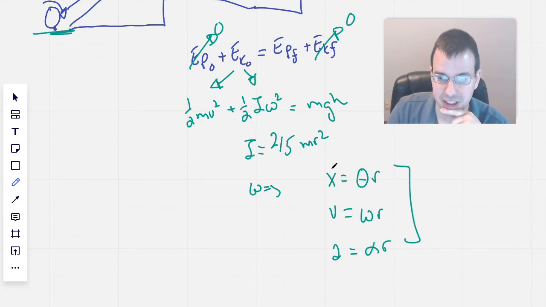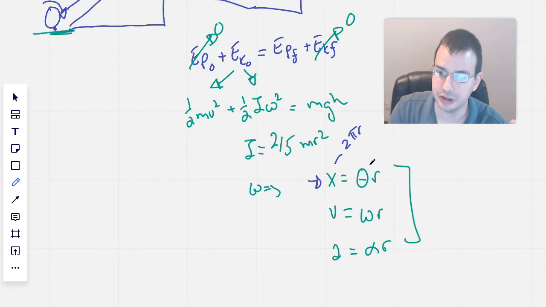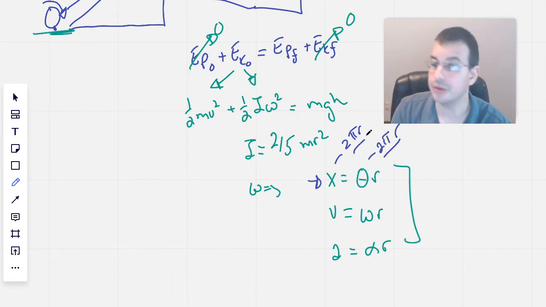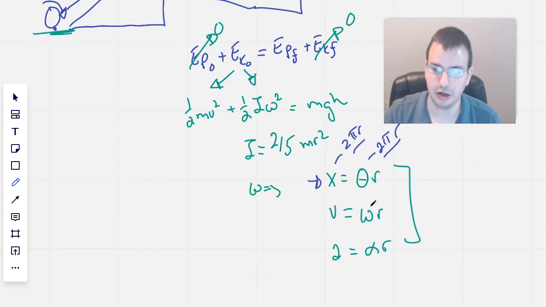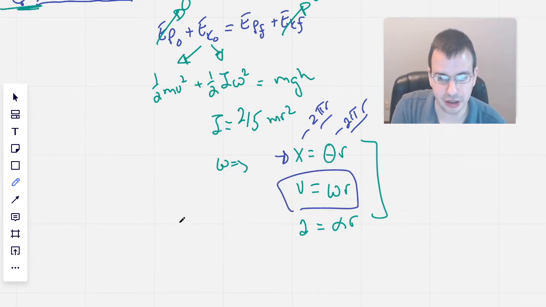The way I remember this is I start with this, because if you think of a circle, the distance around a circle is 2 pi r. And if you think of that in angular terms, the angle around a circle is 2 pi, and when you multiply that by r, you get the same answer. So this is the form you're going to have. You're going to have the linear on the left, and the angular on the right, multiplied by the radius r.